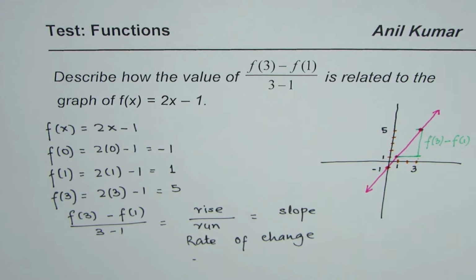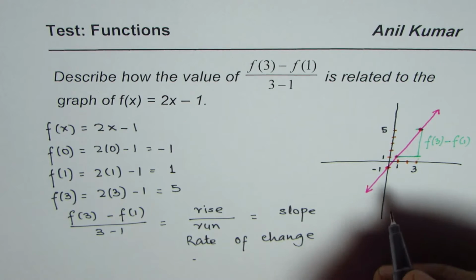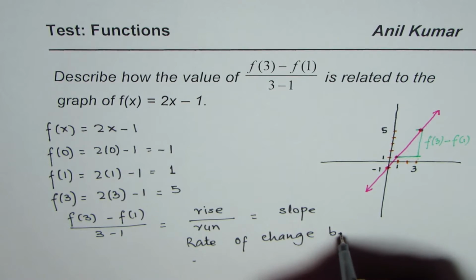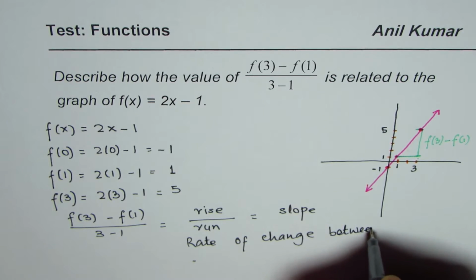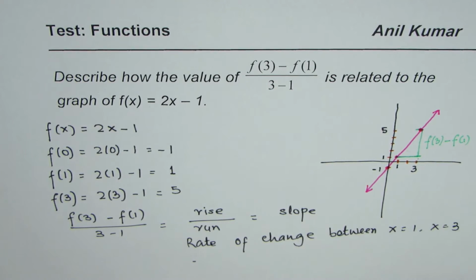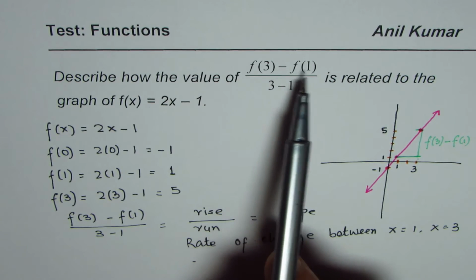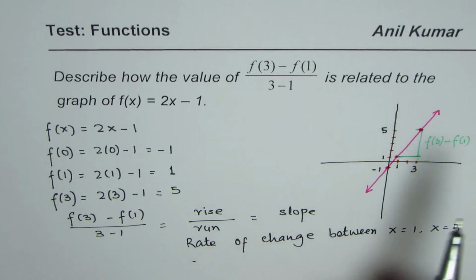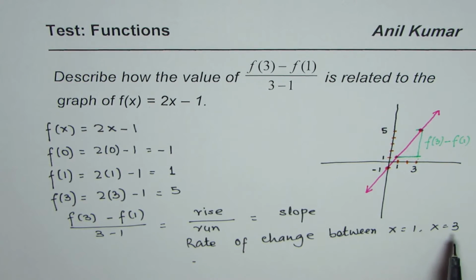Sometimes we can say the average rate of change between x = 1 and x = 3. So (f(3) − f(1)) / (3 − 1) is indeed the rate of change.